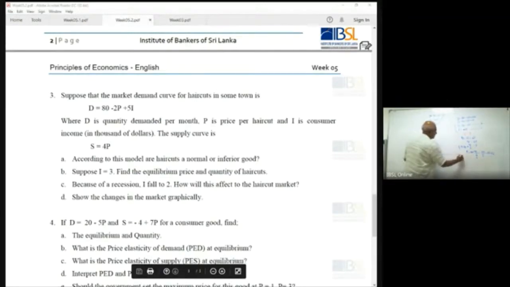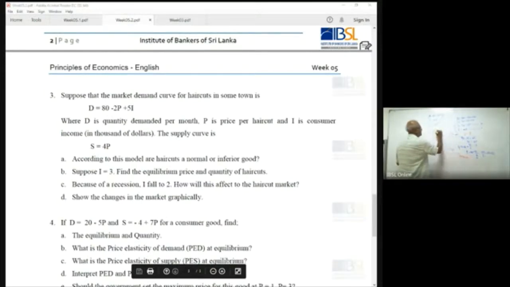Then if you draw the diagram, it's like this. Quantity of haircuts, price per haircut. If it is a supply curve with no intercept, it goes through the origin. Supply curve.